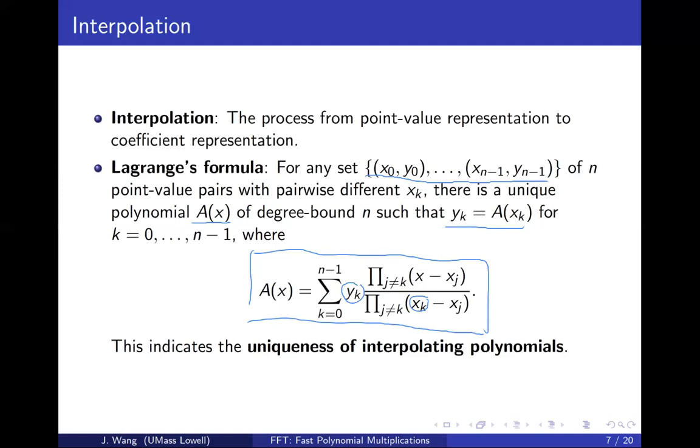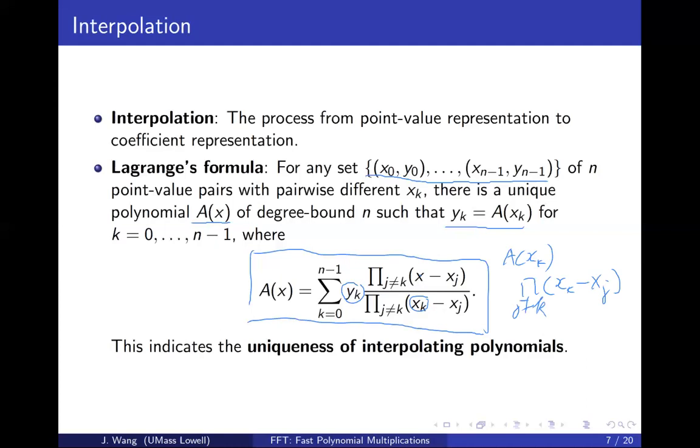Sorry, it doesn't become 0 here, because what we're going to look at is when x is equal to xk. What we're getting here is xk, and the one on top then becomes the product of xk minus xj, j not equal to k.